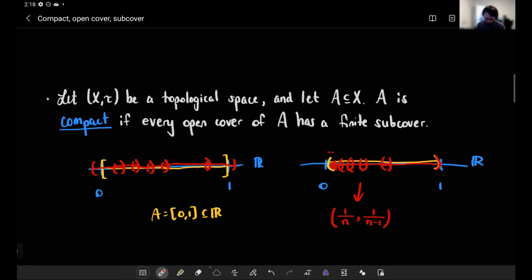Something like that gets close to working. You might have to fudge it a little bit. But anyway, the picture should speak for itself. You're getting arbitrarily close to 0, but never reaching it. And so you'll need infinitely many to cover. So not compact. And hopefully that agrees with your real analysis knowledge that compact sets have to be closed, and this one isn't.